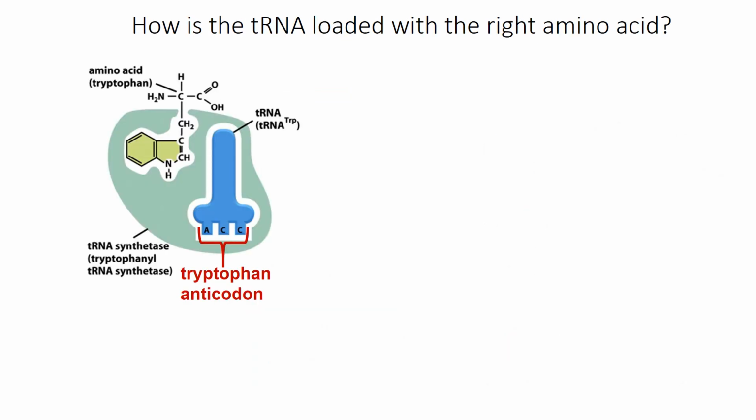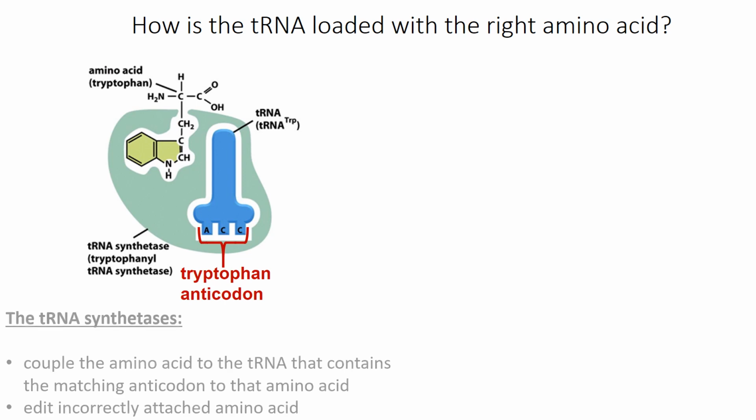One of the most important steps in protein synthesis is to prepare the correct tRNA. The example given here is with tryptophan. So we see the tRNA with its tryptophan anticodon, meaning this particular tRNA has to be coupled to the tryptophan amino acid.